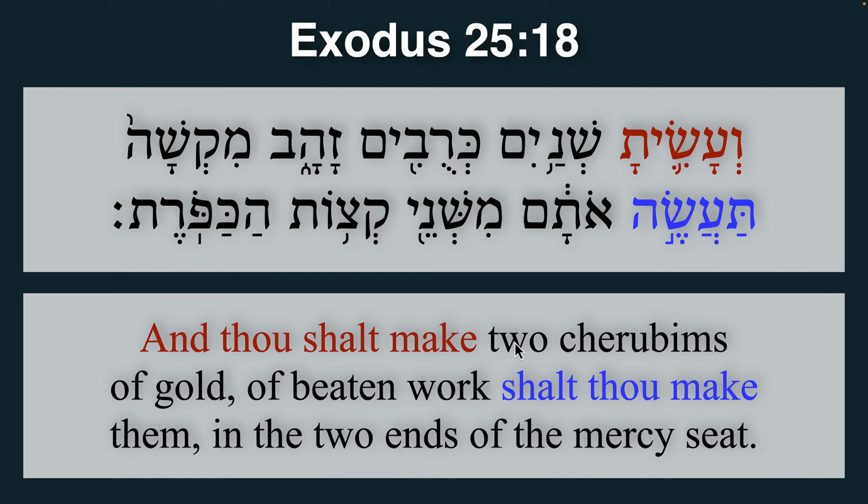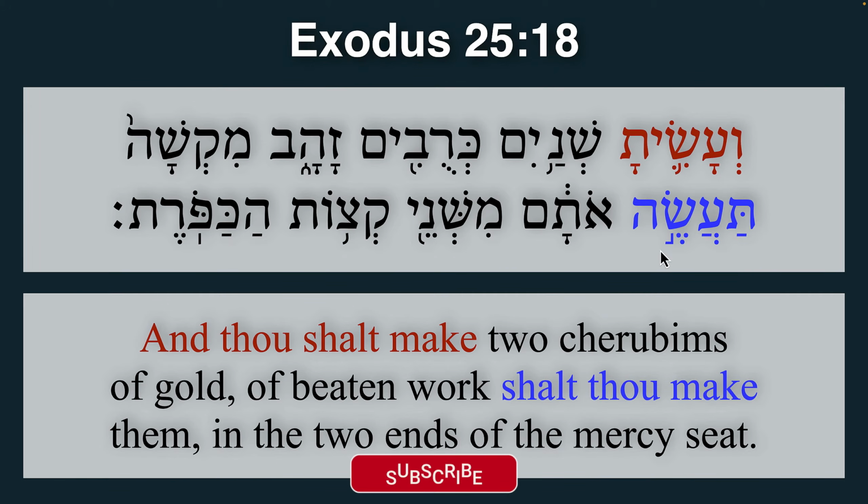You shall make two cherubims of gold. So, ve'asita. And in the next sentence he says, Ta'ase otam mishne ketzoth hakaporet. Hakaporet is the mercy seat. So on the two ends of the mercy seat you shall make them.